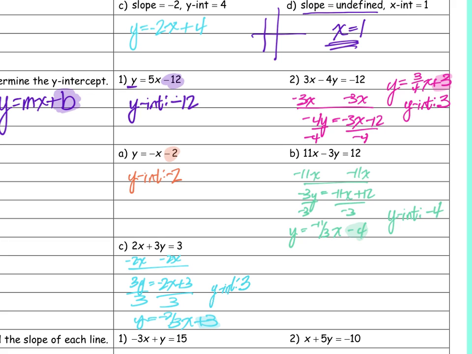Questions? Oh, it's not 3. Let's see if I can fix that really quickly, because 3 divided by 3 is not 3, is it? It's 1. So my y-intercept is 1. Sorry about that. There we go.